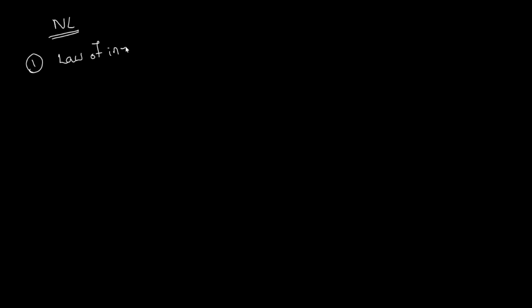The statement is simple. If any object is at rest, that object will try to be in that state only. If the object is at rest, the velocity is equal to 0, and the object will try to be in that rest position only.